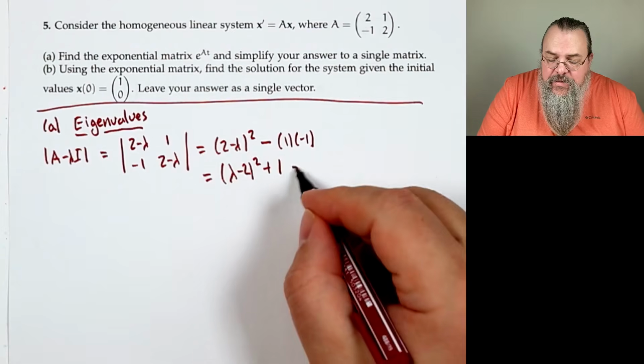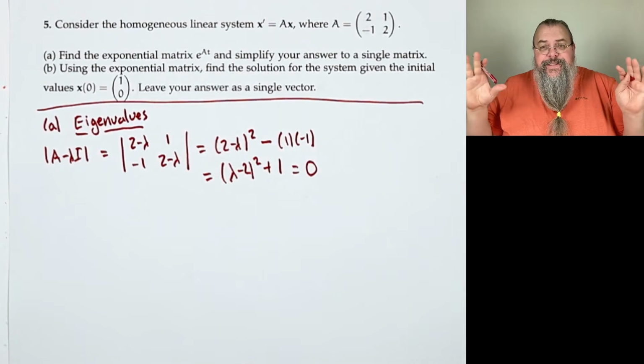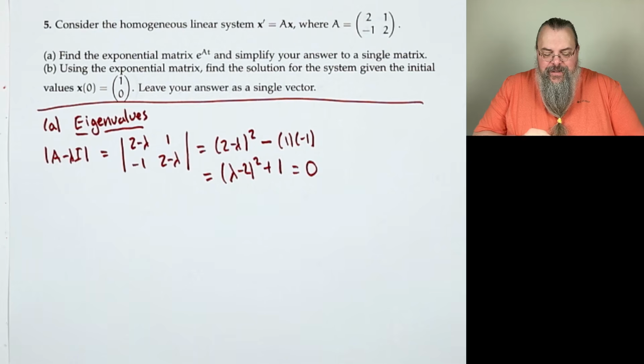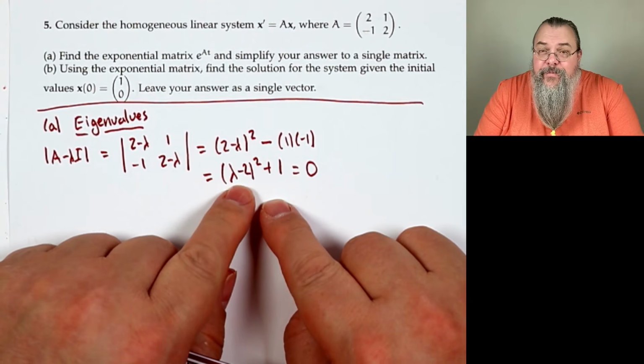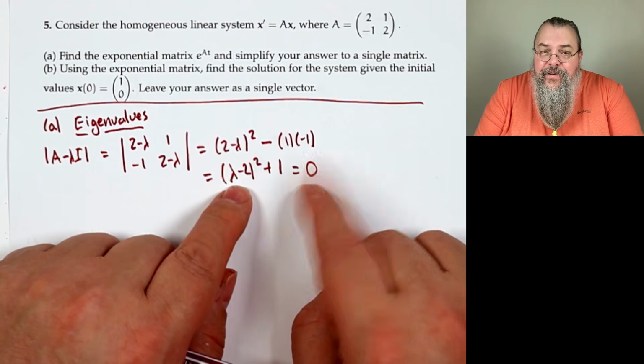Remember that we're saying this equal to 0. Before we expand out, let's say, does it even help us to expand out? In this case, what do you notice? Well, this is something that's greater than or equal to 0. This is something that's 1. Can I add these two together and ever get 0?